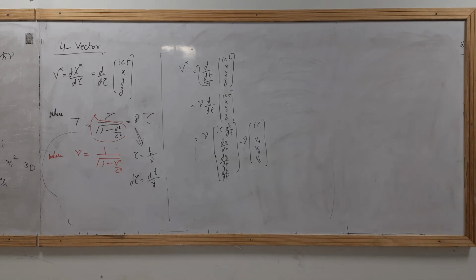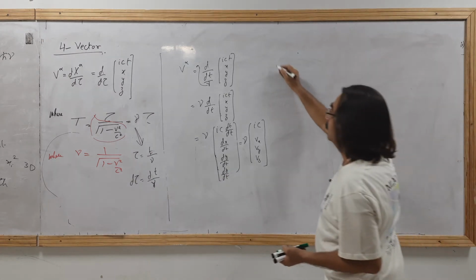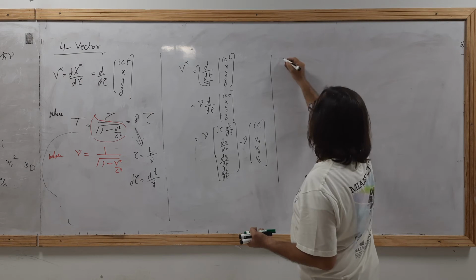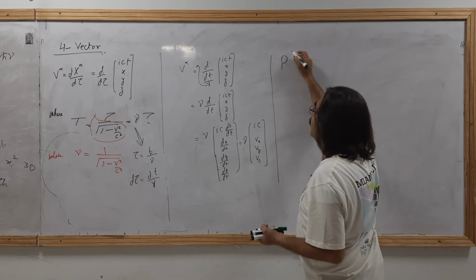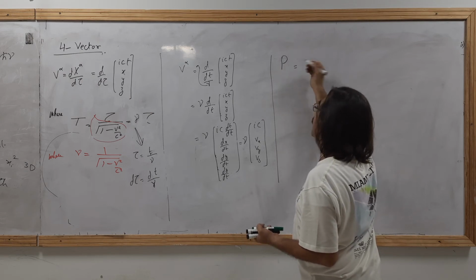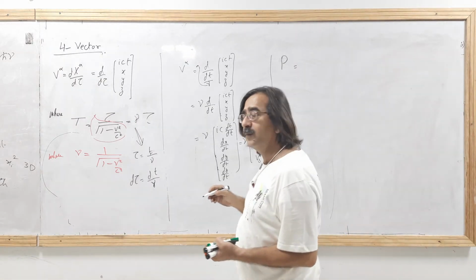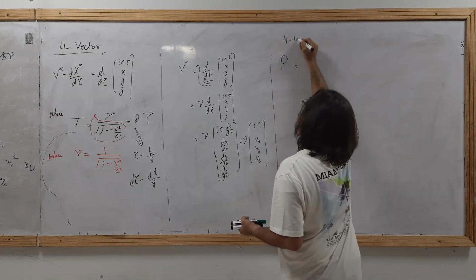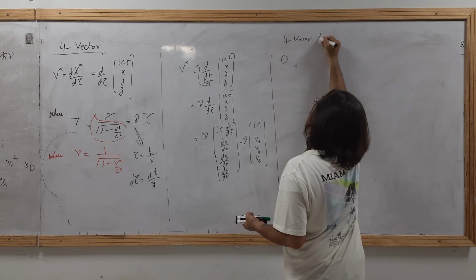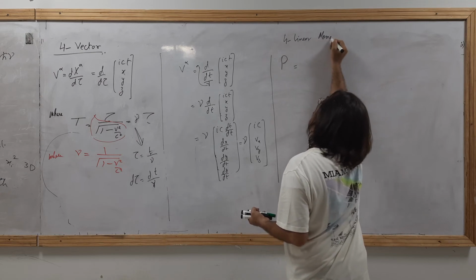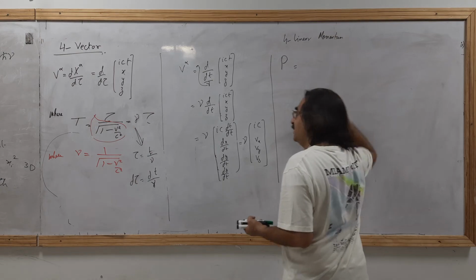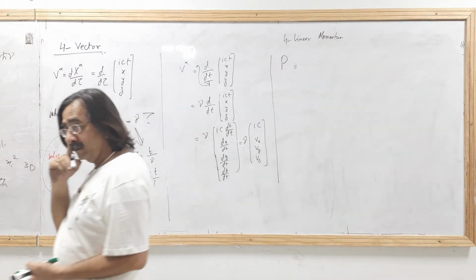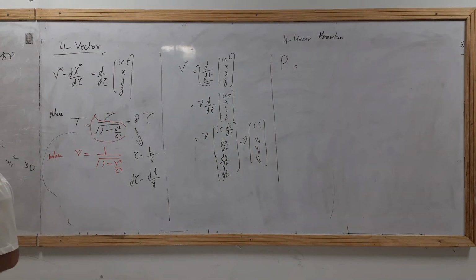If this is a 4 velocity, what is the momentum? For momentum, as you know, linear momentum. What is the linear momentum?